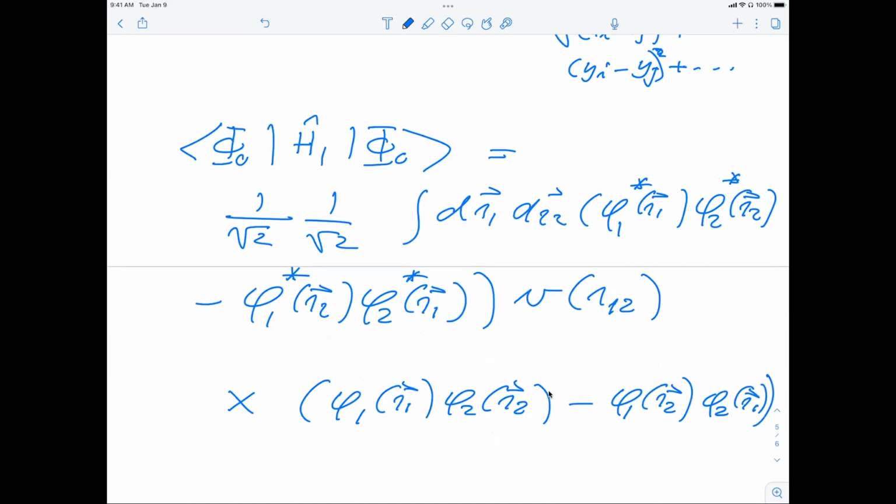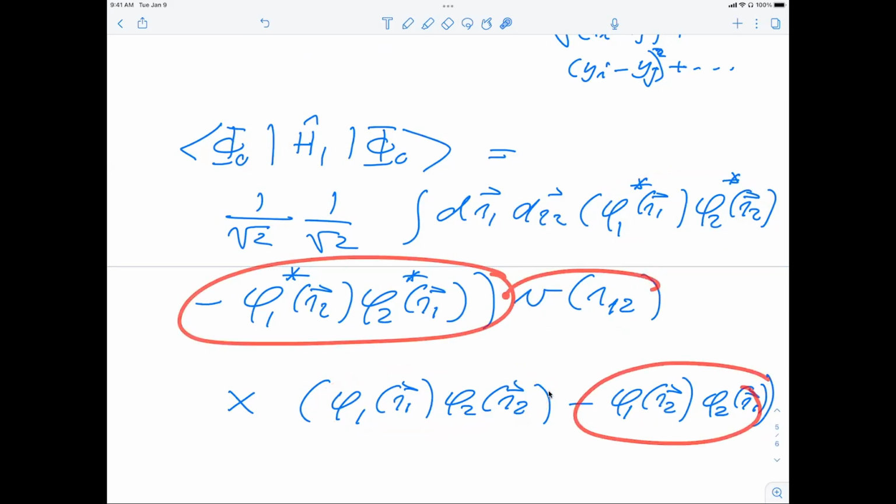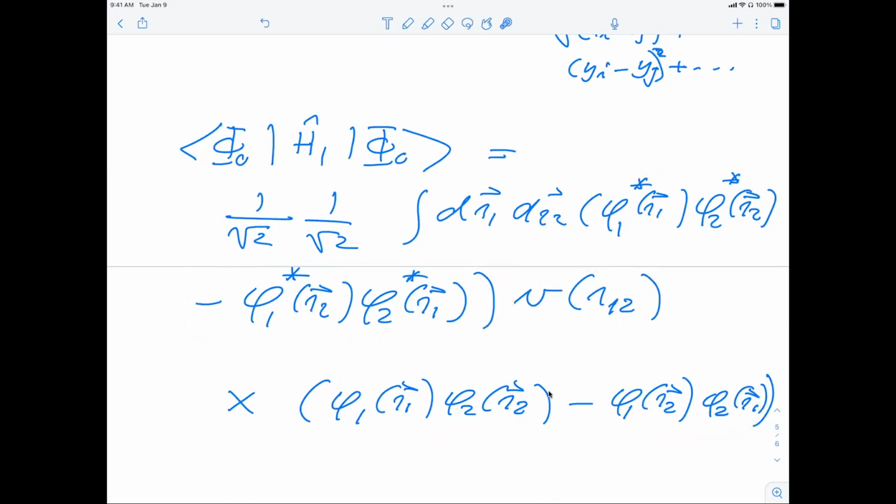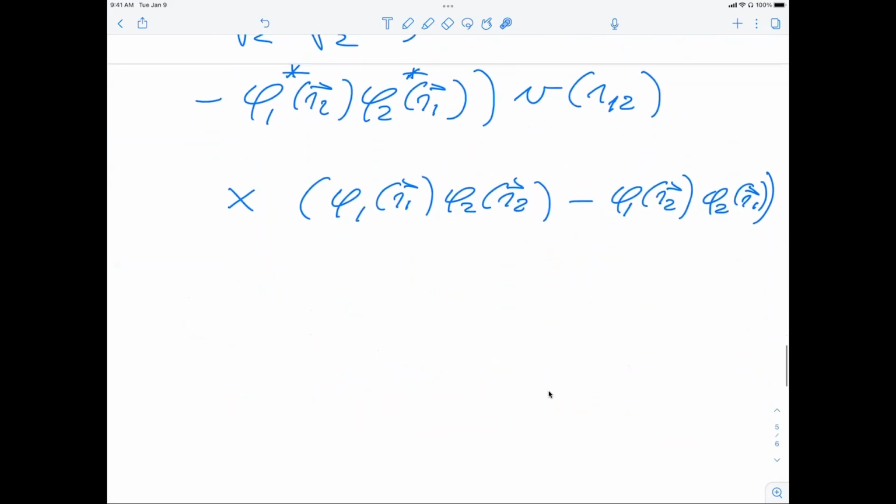Okay, let me now just write out the different terms. So let's take the terms which are going to give us a positive sign. So I'm going to take this one multiplied with this and multiplied with that. Then I'm going to take this one multiplied with this and the interaction. So I take first the terms which give us a positive sign, okay?